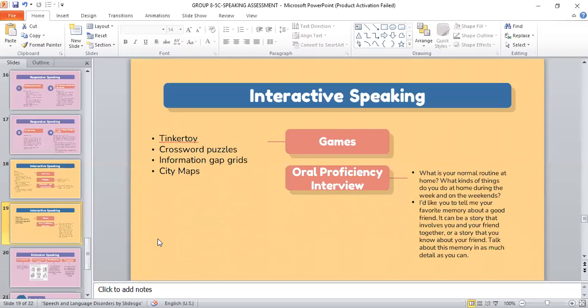You can see on your screen the example of games and oral proficiency interview. The board is game. Game is a type of informal speaking assessment technique that puts students in a relaxed and fun environment during tests.